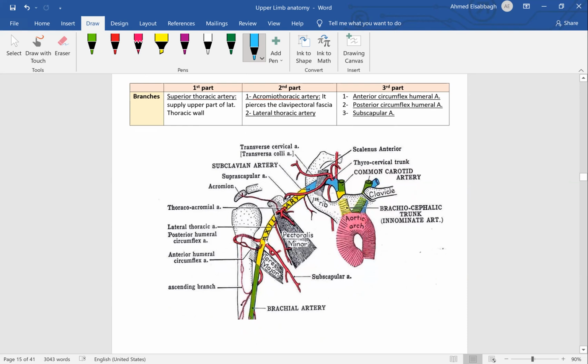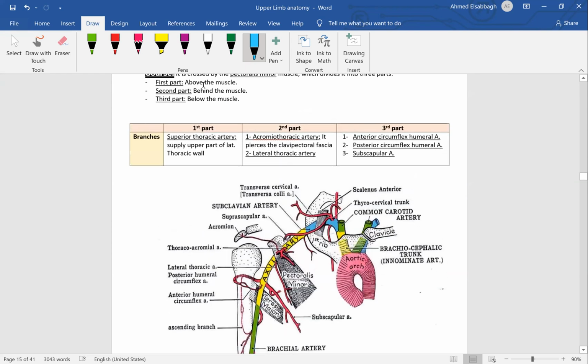This axillary artery is crossed by the pectoralis minor muscle, which will divide it into three parts. The first part is before the muscle, the second part is behind the muscle, and the third part is below the muscle.